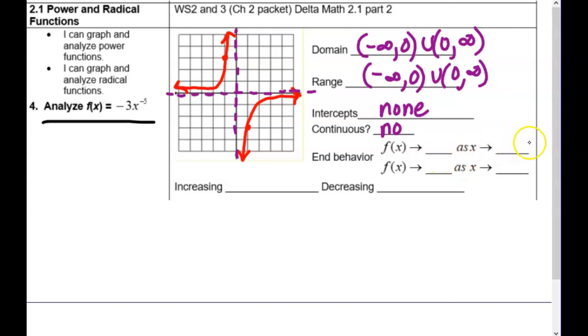End behavior. Okay. So if I do left and right, that would be x is getting more negative or x is getting more positive. Both on the left and on the right, this is getting close to what y value? 0.